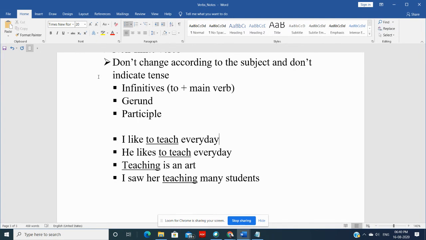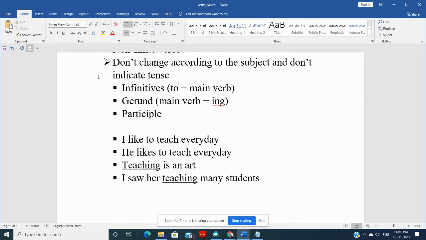Like here, I like to teach: to and main verb, teach. Gerund is the ing form, main verb plus ing. But again, these don't reflect the tense.